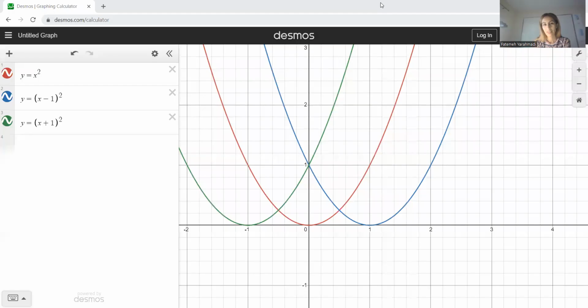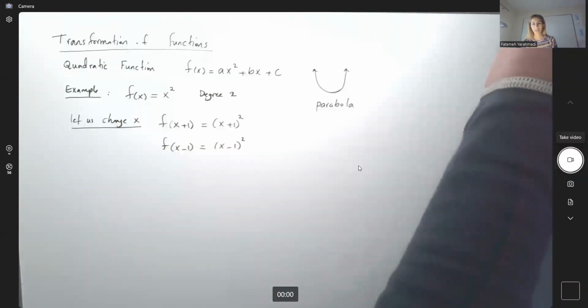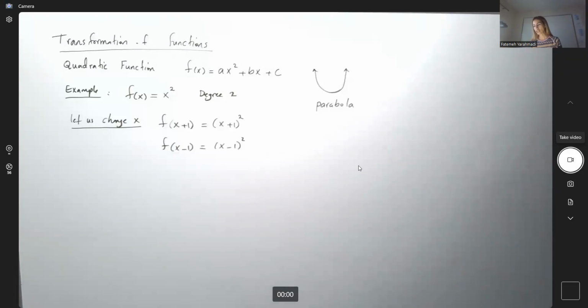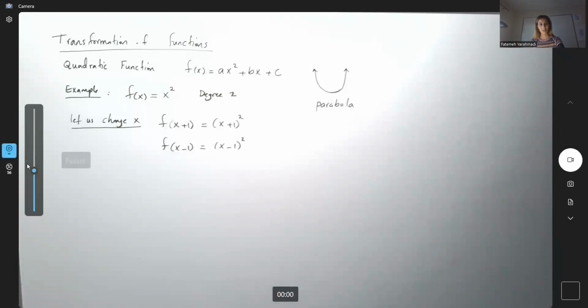So as we saw, if we add or subtract a number, we have a shift to the left or to the right. So in this scenario, we're going to have a horizontal shift.